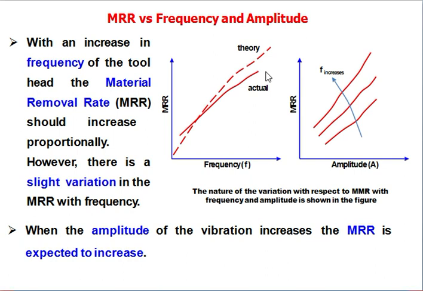If you look at MRR versus amplitude, you can see this is also increasing. So the conclusion from this figure is that with an increase in frequency of the tool head, the material removal also increases because it is increasing proportionally.